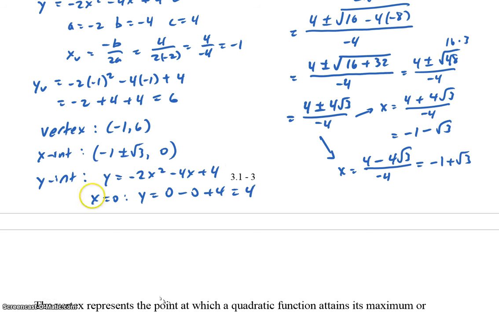We would get 4, and so our y-intercept would be at 0, 4. If you compare all of this to what we did previously, it's exactly the same results, just obtained through a different method. And this is a method we can use even if the standard form is not given originally.